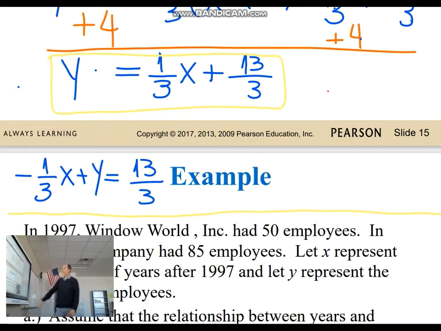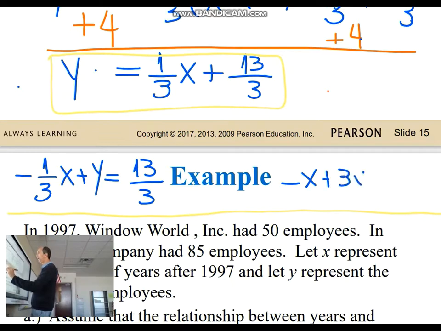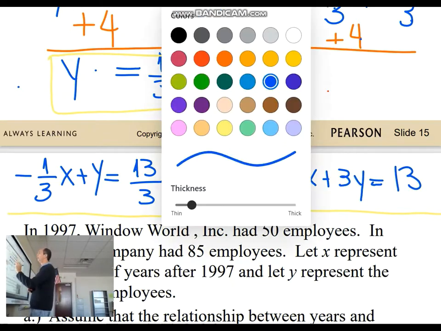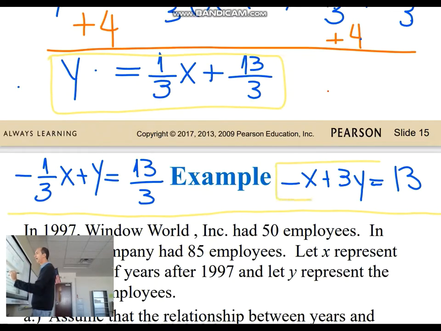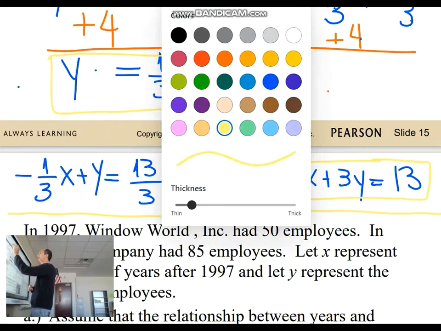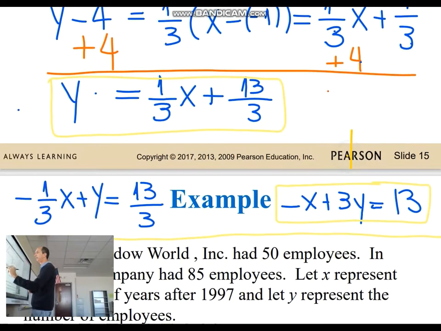And we can also get rid of the fractions and multiply the whole equation by 3, and I have negative x plus 3y equals 13. That's the answer using the standard form.